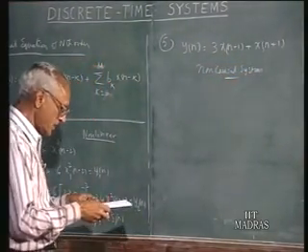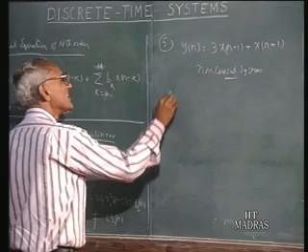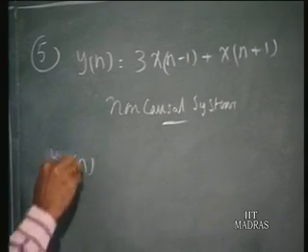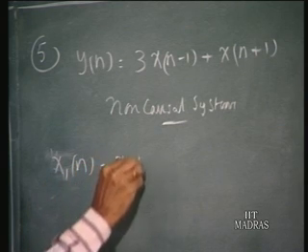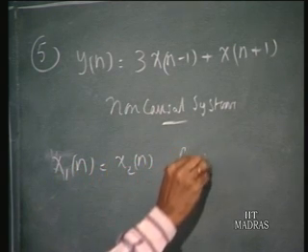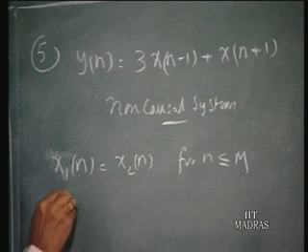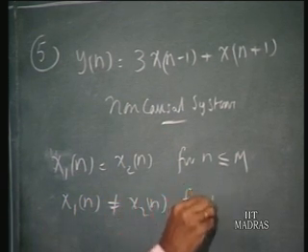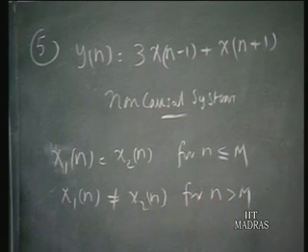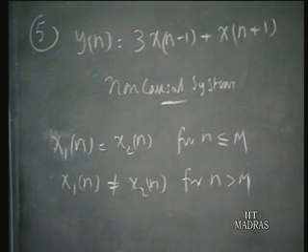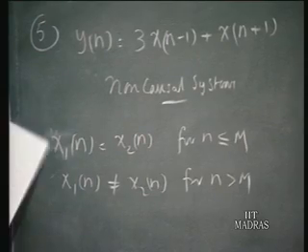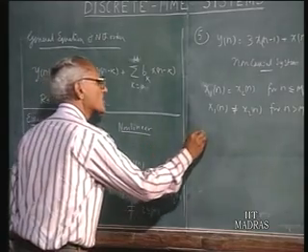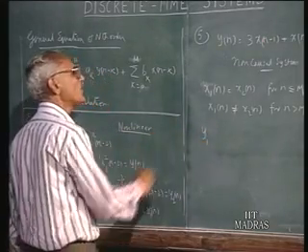To show this more explicitly, suppose I have two inputs x1(n) and x2(n), both equal for n less than or equal to M, and x1(n) not equal to x2(n) for n greater than M. Let us find out the outputs with respect to these inputs at the nth sampling instant. y1 is the output corresponding to x1.